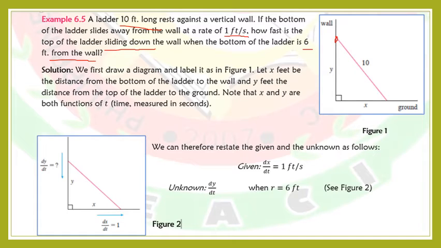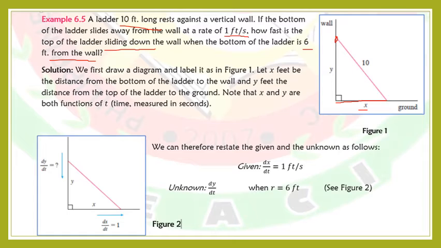Okay. So we first draw a diagram and label it as in figure 1. So ito yung figure 1 natin. So let x, ito class, be the distance in feet from the bottom of the ladder, ito yung bottom ng ladder natin, to the wall. Okay, so ito yung ibig sabihin.